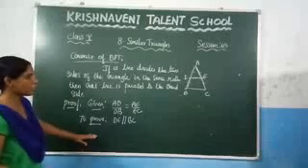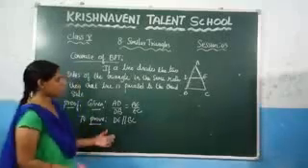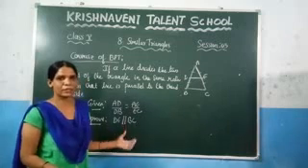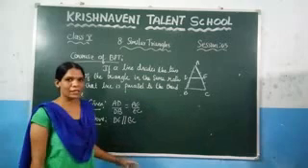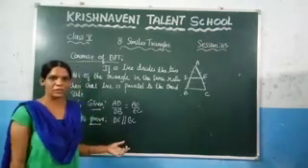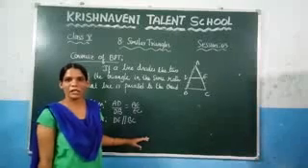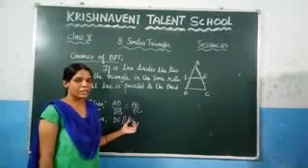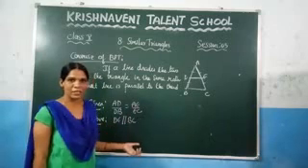To prove DE is parallel to BC, we are going to prove this theorem by using the contradiction method. You already learned what is meant by the contradiction method while discussing the chapter on real numbers. In that we proved that root 2 plus root 3 is irrational, root 5 is irrational.